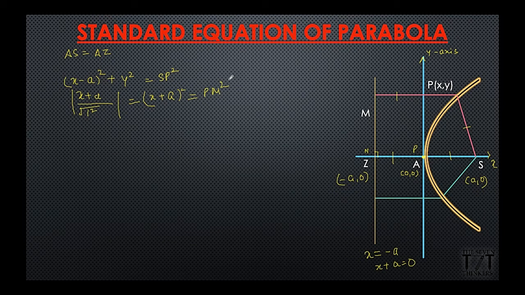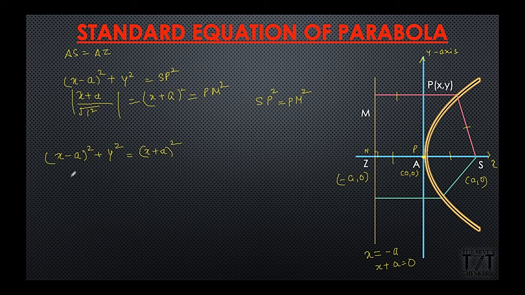So we know SP square, we know PM square, we also know the fact that SP is equal to PM, and so the squares of both sides will also be equal. So equating both sides, we get (x minus a) whole square plus y square is equal to (x plus a) whole square.